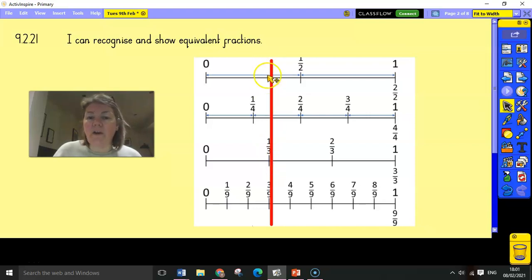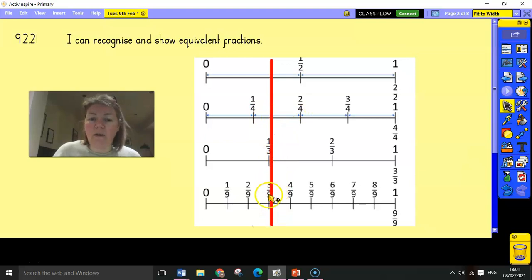However, if we wanted to have a look at 1/3 to find equivalent fractions, we can see that there are no halves that are equivalent to a third, because we can see that the third is a smaller part than the half. We can see that a third is slightly larger than a quarter. This is where the first quarter ends, and this is where the first third ends. So there isn't an equivalent fraction in quarters because we're kind of in the middle of the second part.